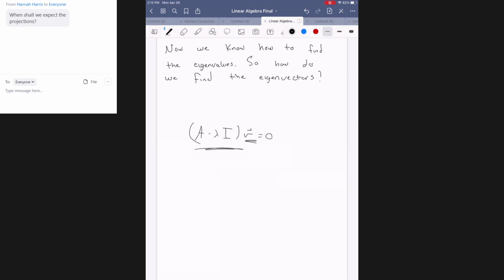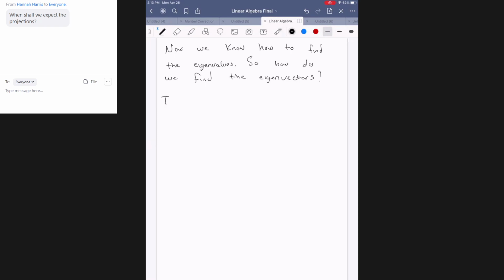We're going to use the vector form because it's going to give us the basis for our eigenspace. Okay, so let me summarize that whole process.